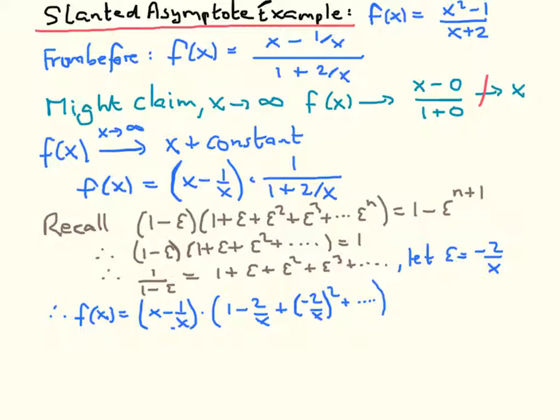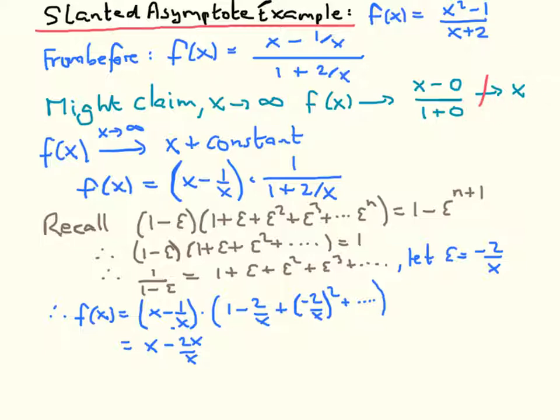We take this bracket times this bracket, we get x times 1, so that gives us an x. We have then got x times minus 2 over x, so this is minus 2x over x, and that is a wonderful term because you can see that the x's will cancel and that we have got a constant, and this is exactly what we were missing up here.